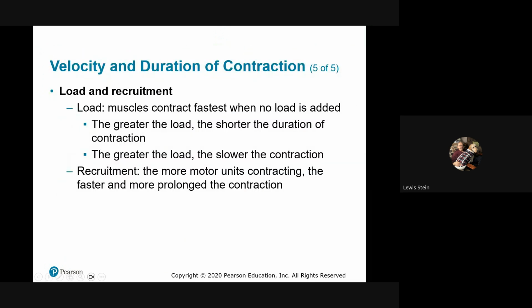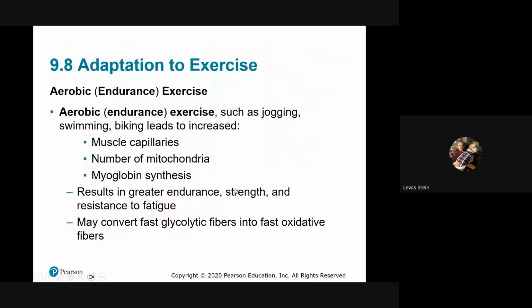And so that's it. And again, if we don't have a lot of load, if this is light, we can contract versus greater load. Not a significant feature, I don't think. The whole idea of aerobic or endurance activities, jogging, swimming, biking, leads to more muscles and capillaries. We need more capillaries within muscle, increased mitochondria, increased myoglobin, greater endurance, strength, and resistance to fatigue, converting those fibers into oxidative fibers.